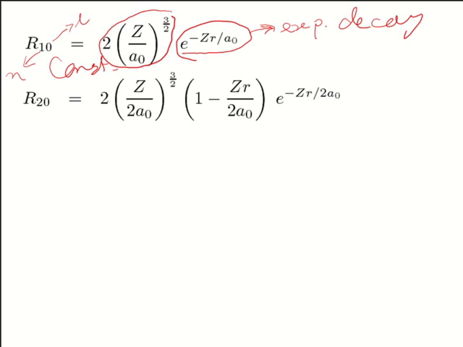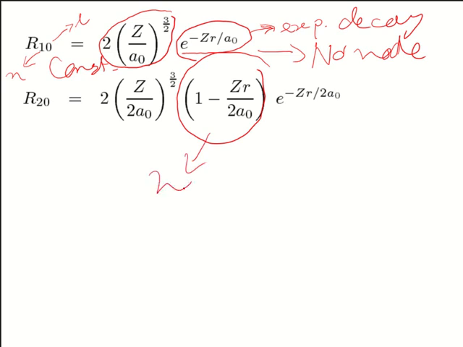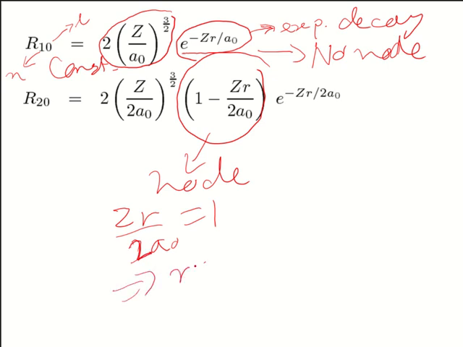In the first case there is no node, but in the second function you will have a node at the point where Zr by 2a naught equals 1, that is, where r is 2a naught.